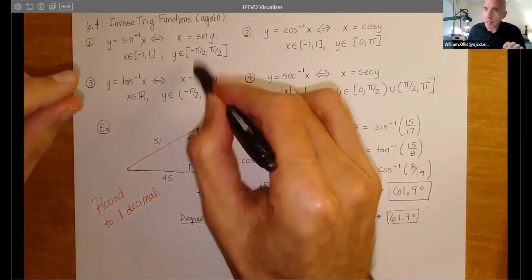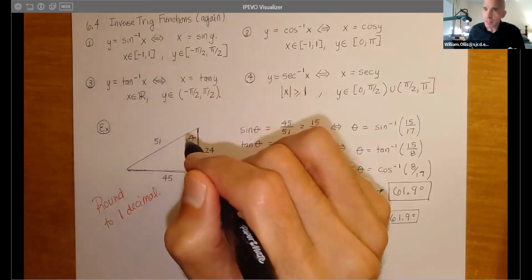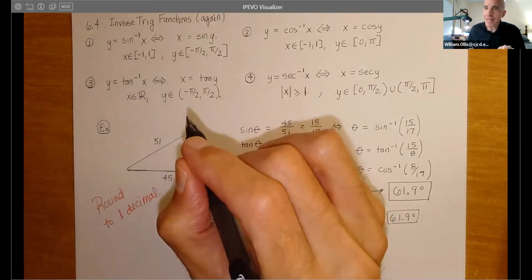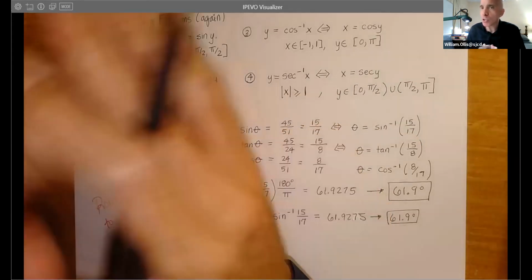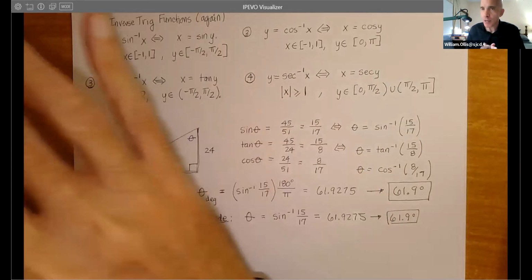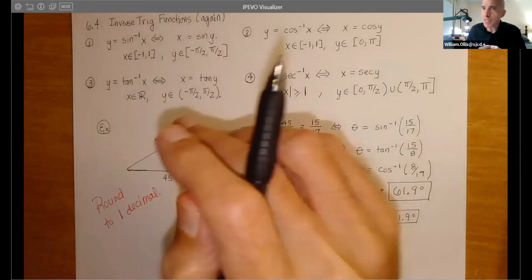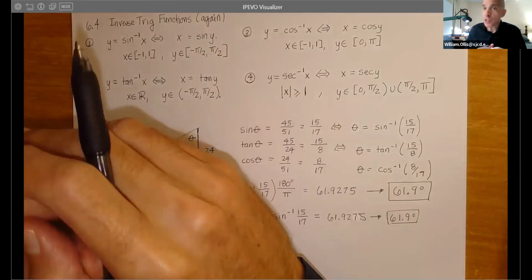So again, we have to respect what the inverse trig functions give us, and then make any accommodations based on that. Because WebAssign might say, well, I want your solution to live in this interval. And so then we would have to make corrections to find something coterminal that would live in a particular set.